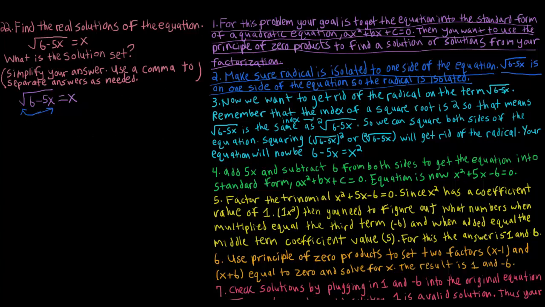Now for step 3, we want to get rid of the radical. Remember that the index of a square root is 2, and the index is the number in front of the radical symbol.